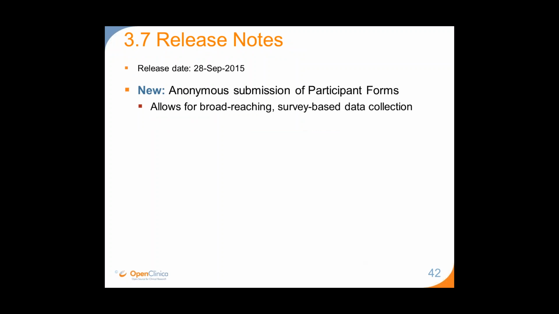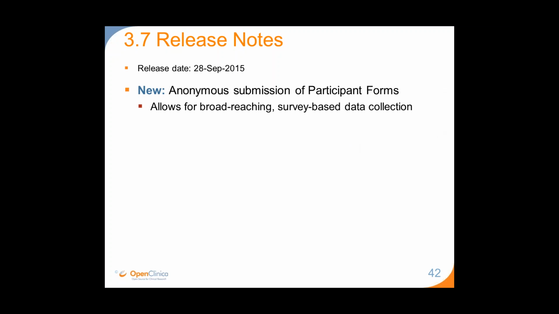For the 3.7 release, we added new functionality again to the Participate module so that we allow anonymous submission of participant forms. This allows for broad-reaching survey-based data collection, the types of things you might see in a subway car that might say, we're trying to gather some information about diabetes.